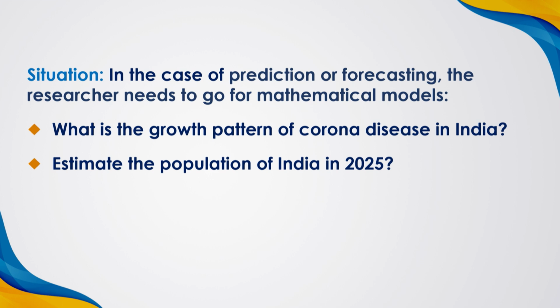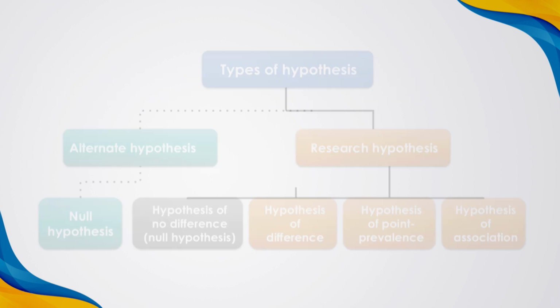Now, we are in 2023, but the question is what would be the population in 2025. Therefore, here we have to estimate the population. For that, we construct a mathematical model, and using that suitable model, we estimate the expected population in the year 2025.